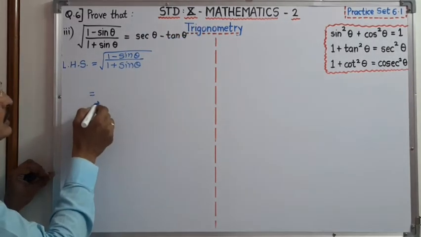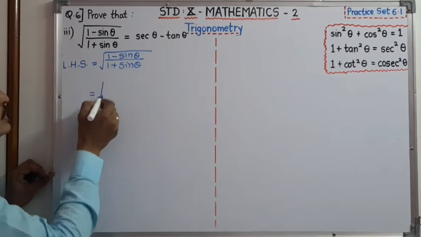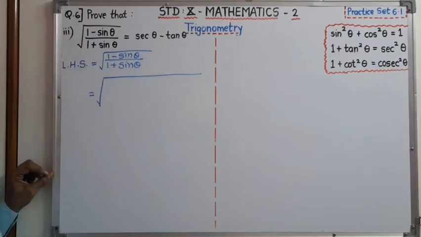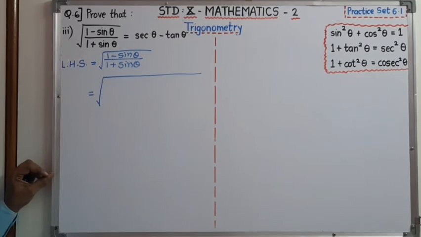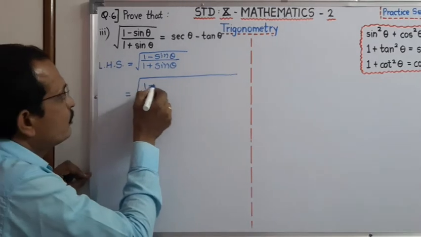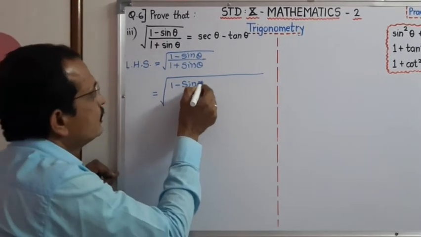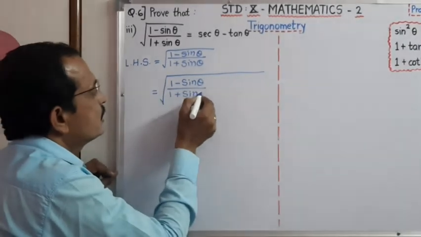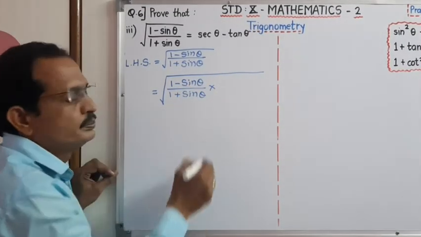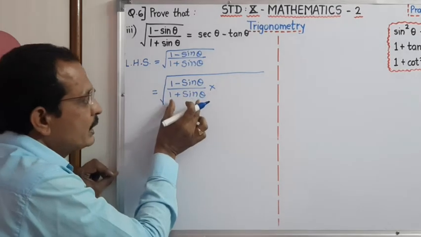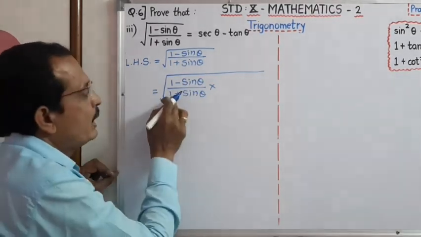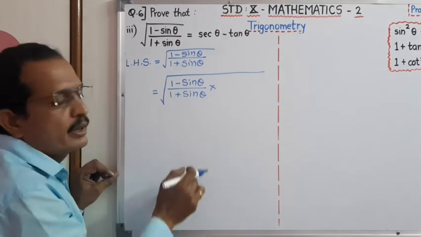Therefore, dear students, see here, in this case, first of all, we have to rationalize the denominator. Now, for rationalization of a denominator, what we have to do? We have to write 1 minus sin theta upon 1 plus sin theta into, we have to multiply the numerator and denominator by 1 minus sin theta.